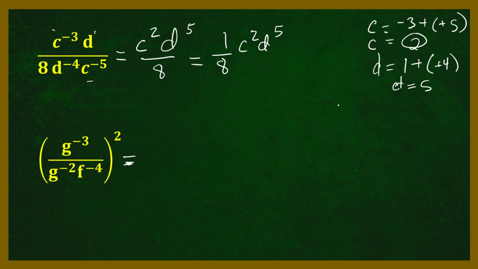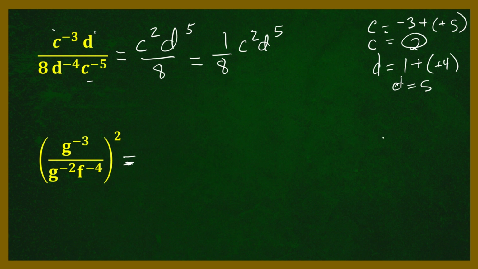Okay, so we are going to wrap it up with this final problem. G to the negative third power divided by G to the negative second power times F to the negative fourth power, all squared. Okay, so let's look at our like terms here. We have G to the negative third over G to the negative second power. We're going to use the quotient law of exponents rule, and we're going to subtract those exponents.